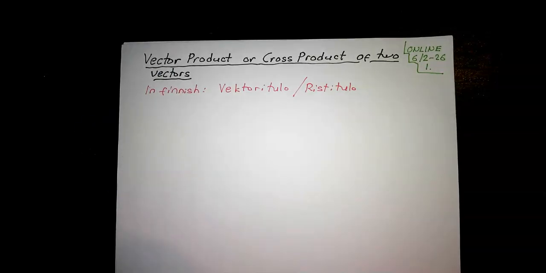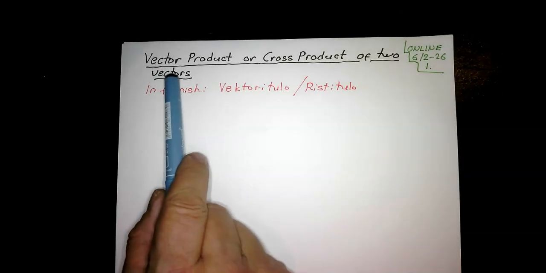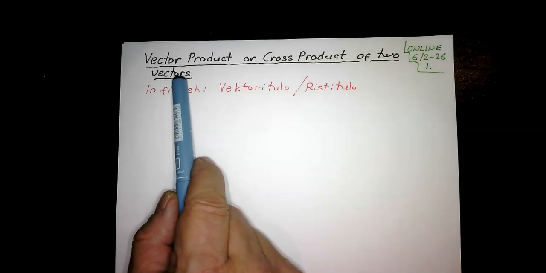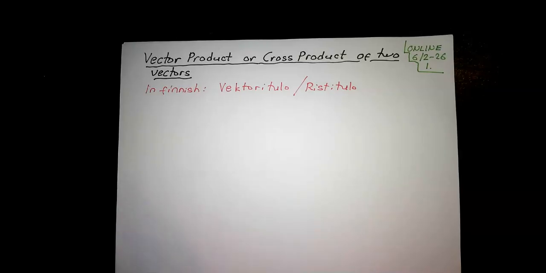If we compare this to the dot product or scalar product, the scalar product was called that because the result of that multiplication was a scalar, or simple number. So it was not a vector, but in this case we get a result which is also a vector. We multiply two vectors with each other, and the result will be also a vector.